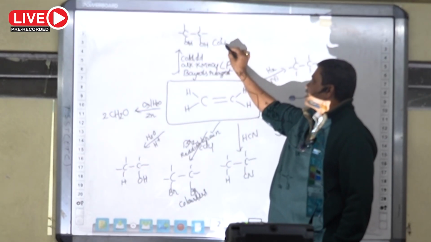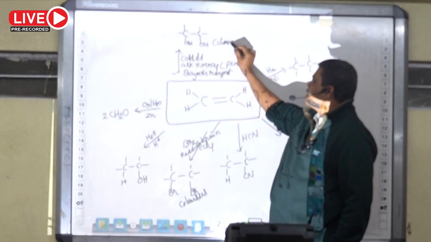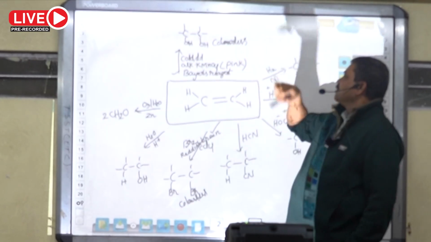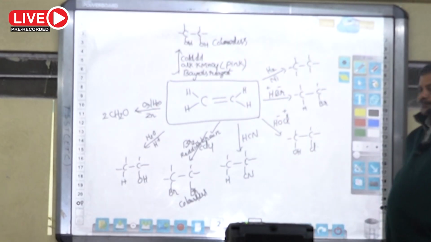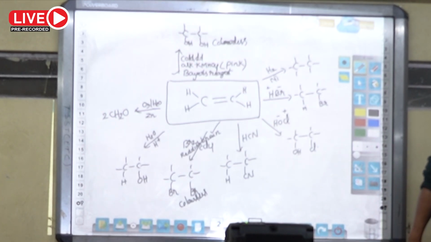This is colorless. So whenever a particular organic compound is given, you can test whether it contains a double bond or not, simply add bromine.